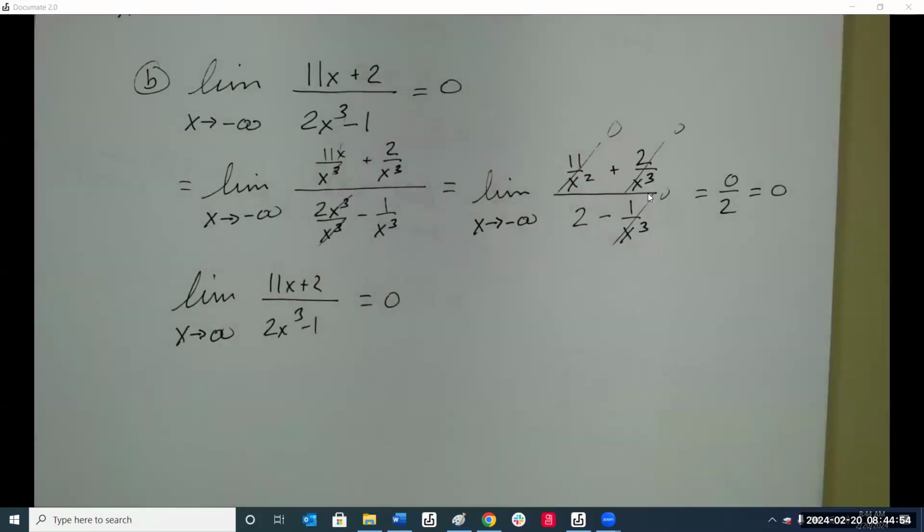And same with the first one. If we went to negative infinity there, it would give us the answer of 5/3. So what have we just found? Which one?